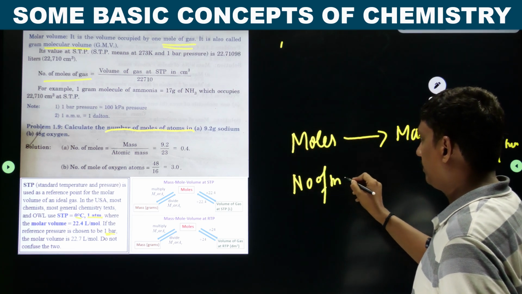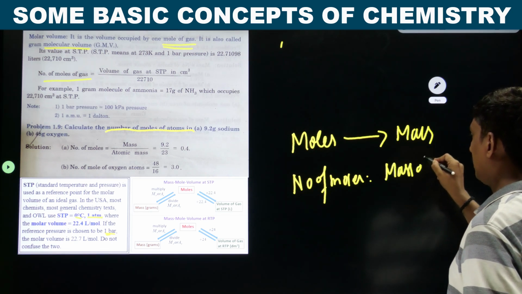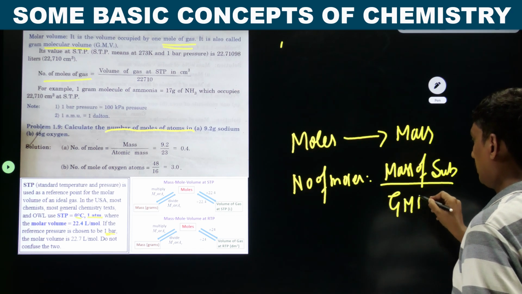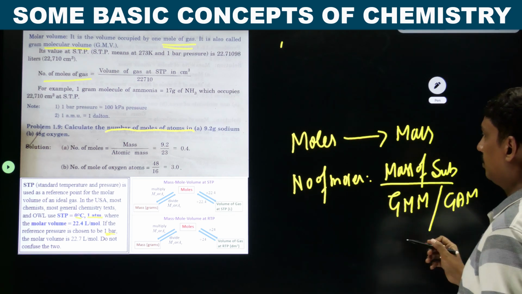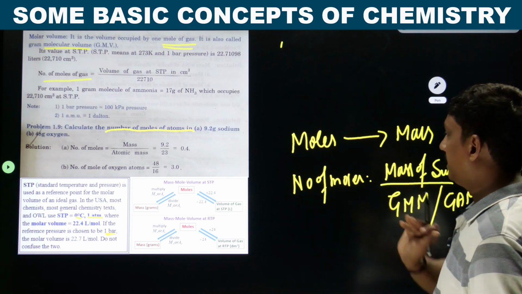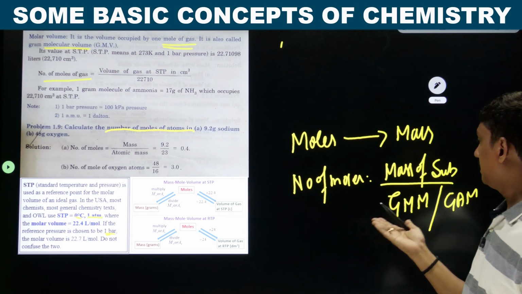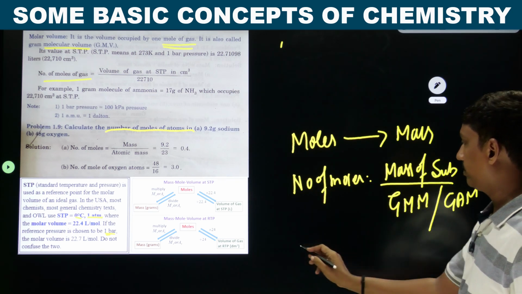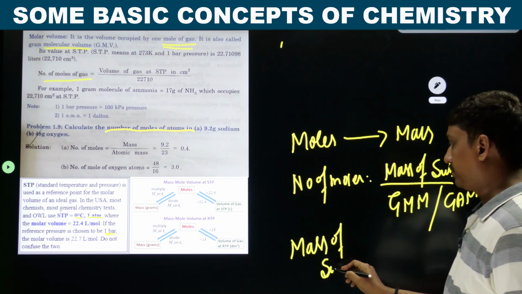Number of moles is equal to mass of substance divided by gram molecular mass or gram atomic mass. So if mass is given, it can be converted into moles. If moles are given, it can be converted into mass. You want the mass of the substance.